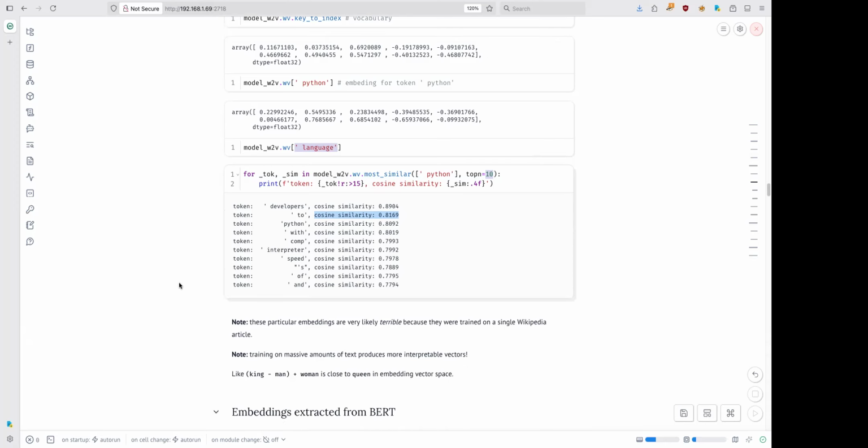Of course, here we use a small corpus, a small amount of text to train our model. We use just the Wikipedia entry for Python, the programming language. That's not a lot of text. This means that these particular embeddings are probably terrible because they were trained on very little data.